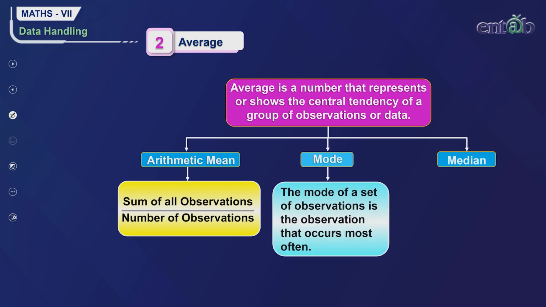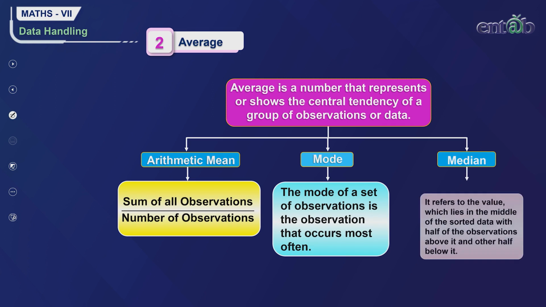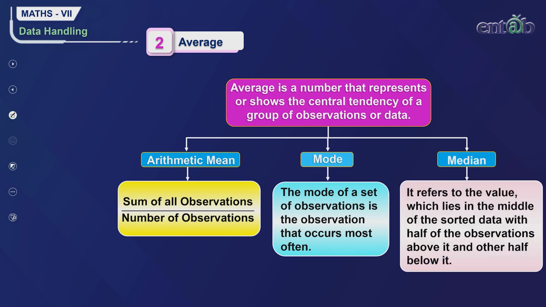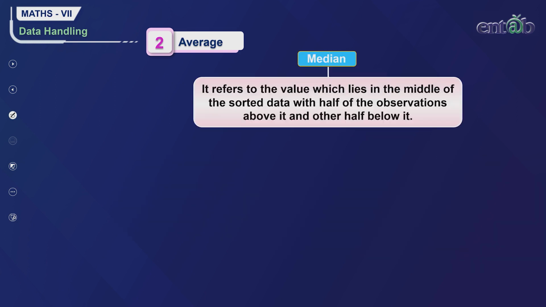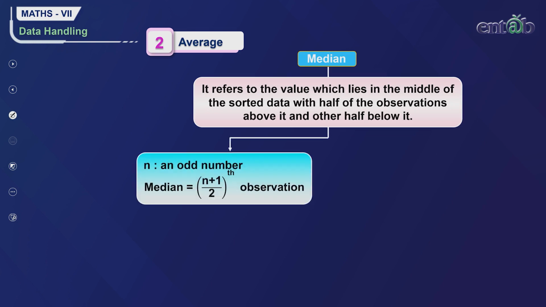The second one, mode. We will calculate mode when we need to find out the data which is occurring most often. And the median is most useful when we need to split the data into two parts on the basis of the middlemost term. So how can we distribute the data for median? When the number of observations is odd, like 7 or 9, we will use the formula (n plus 1) upon 2th term.